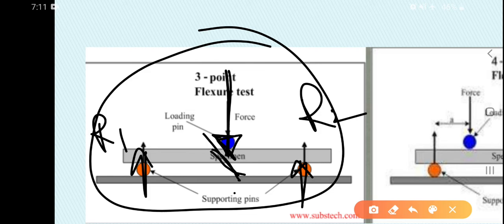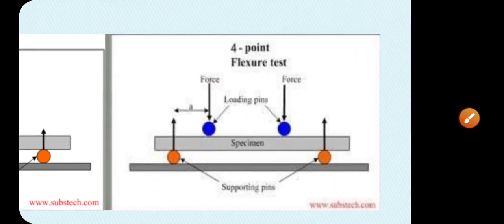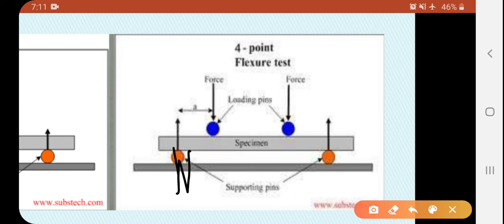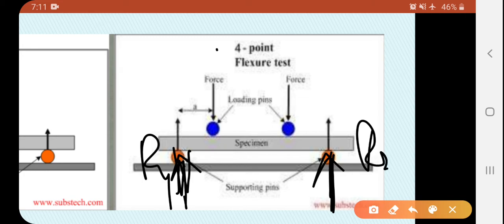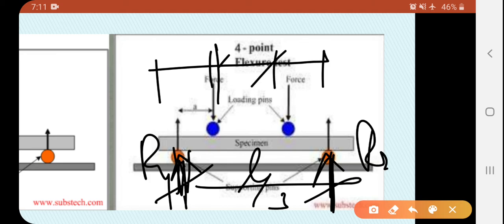Similarly, here refer to 4-point loading. Here there are two upward reactions, supports R1 and R2. By measuring the distance, the total length is divided into 3 parts, that is L by 3, L by 3, L by 3.